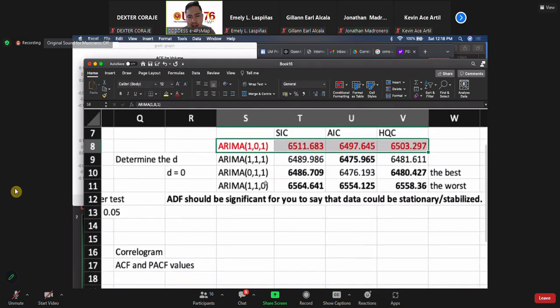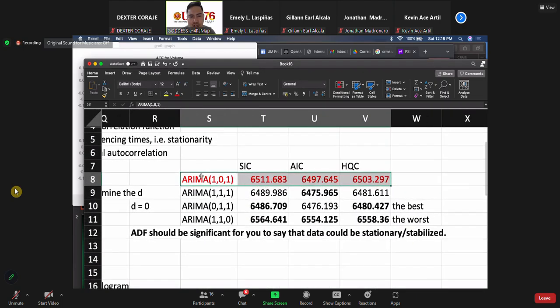That means that is my suspicion. But we found out that upon simulation, this was not the best model in the room. There are specific other models that perform better than ARIMA 101. The best for two criteria is 011, and the other one that performs best is ARIMA 111.